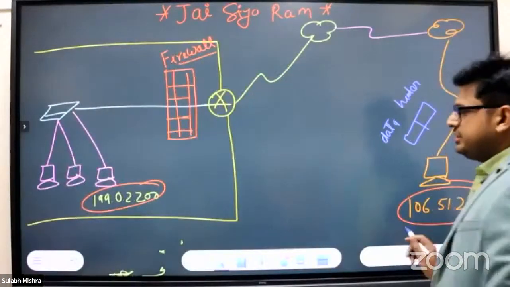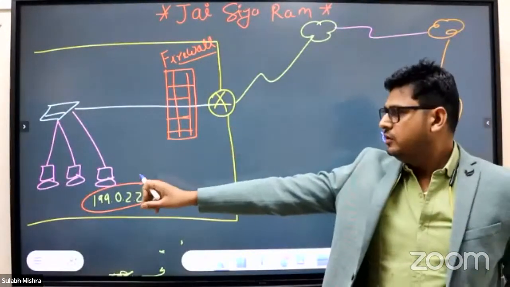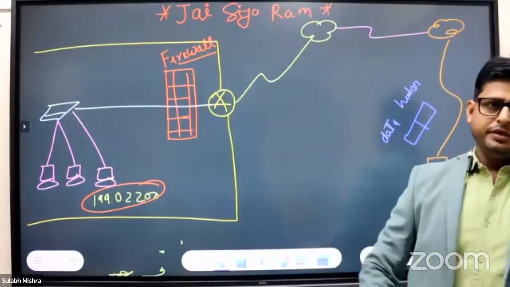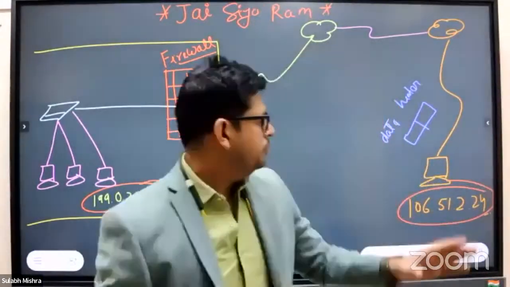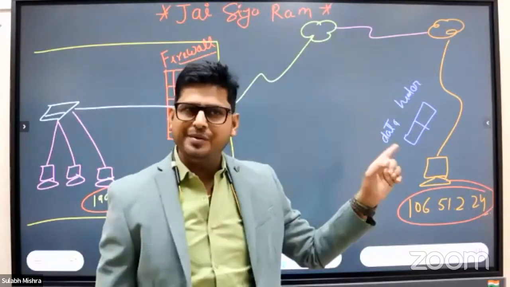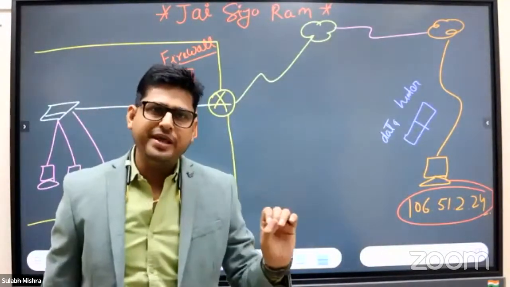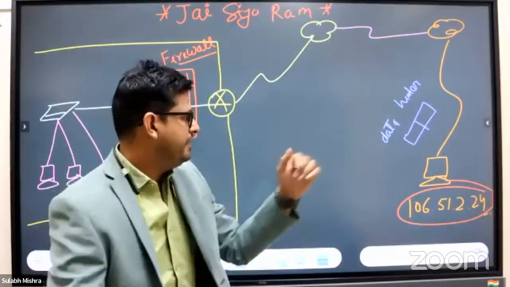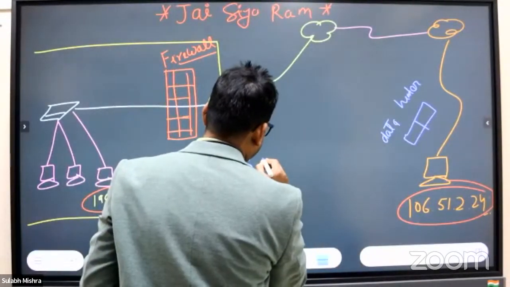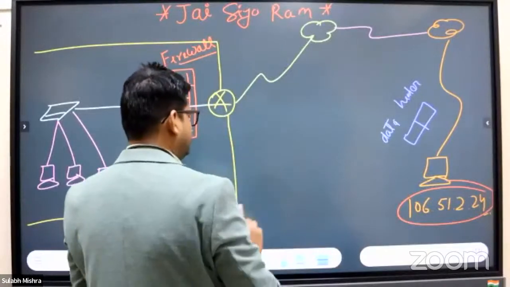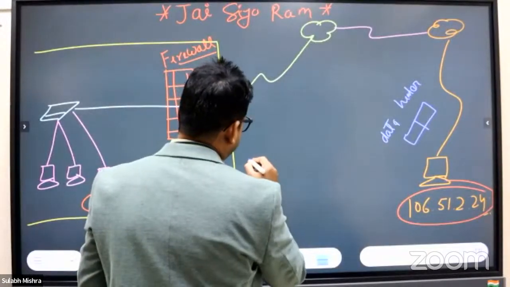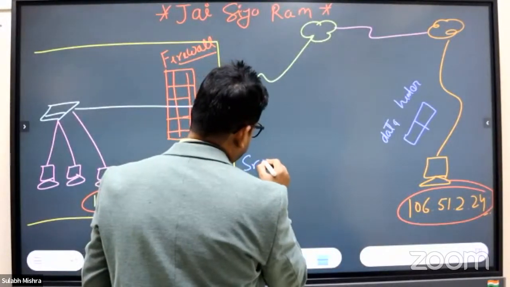So this system is accessing facebook.com, which is hosted here, right? One packet will be generated, and communication will happen in the form of a packet. What main information do you see in the packet? For example, you see the source IP.